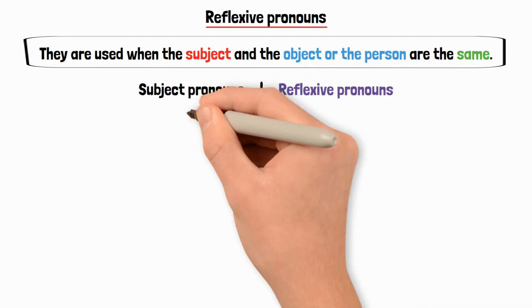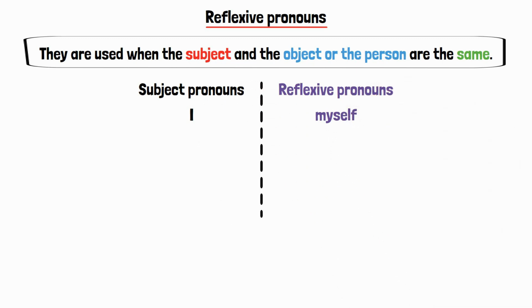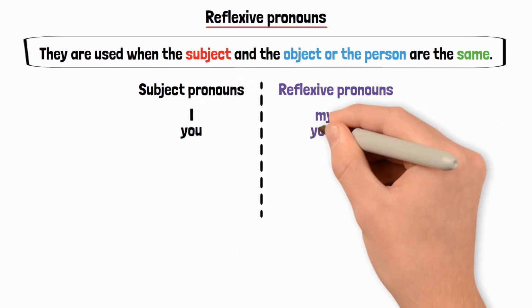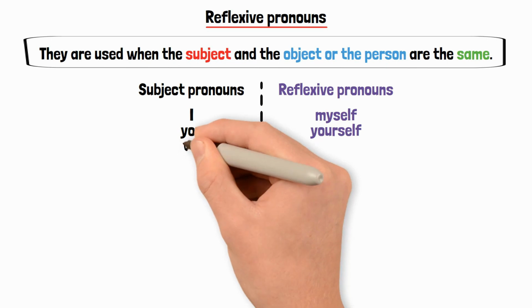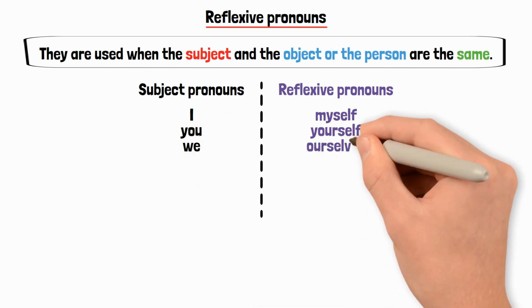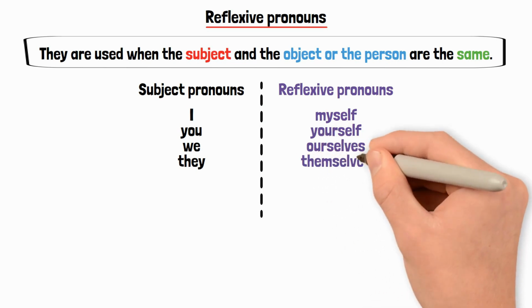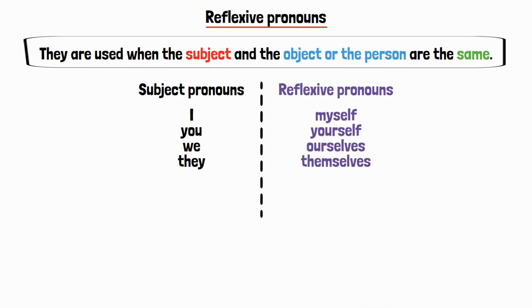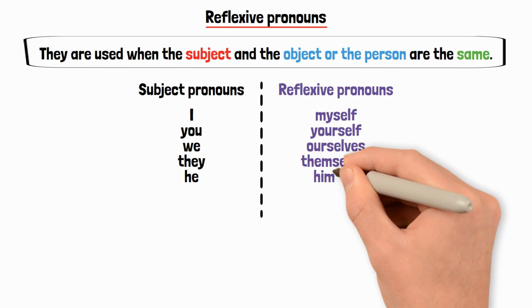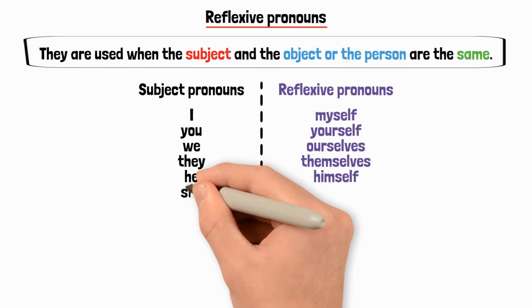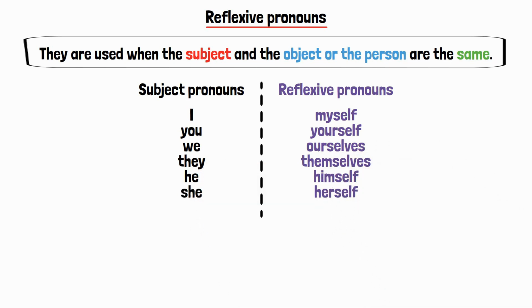I, myself. You, yourself. We, ourselves. They, themselves. He, himself. She, herself. And it, itself.